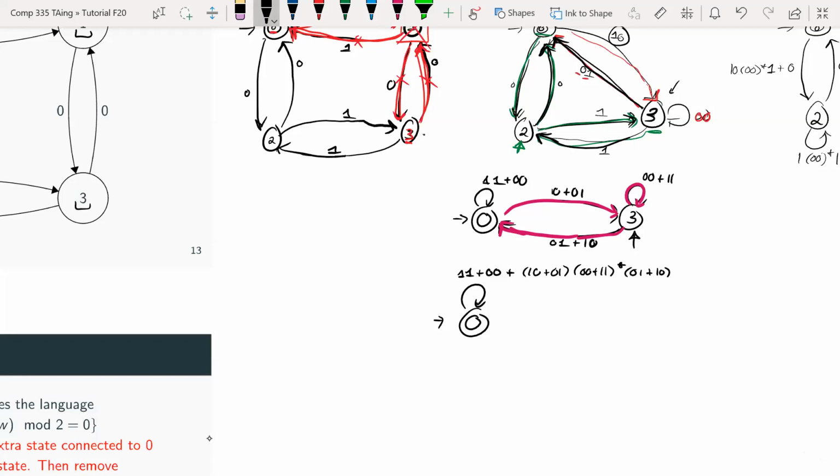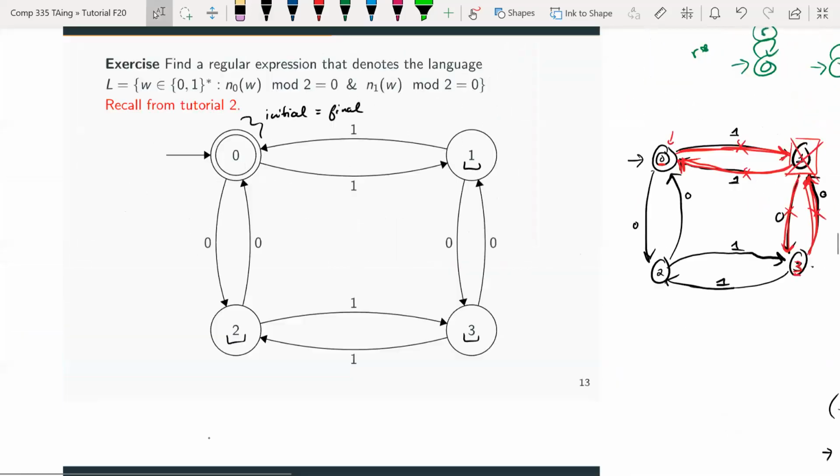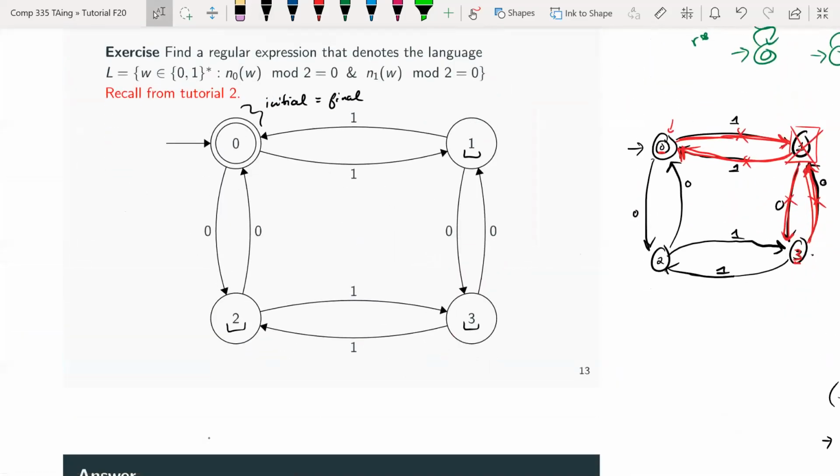And at this point, as I was talking about with Nicolo, it's fairly easy to see what the regular expression is. If this is R, then the regular expression that's equivalent to this FA is going to be R star. Okay, so I'm not going to write it, but essentially you can just think of it as this being starred.